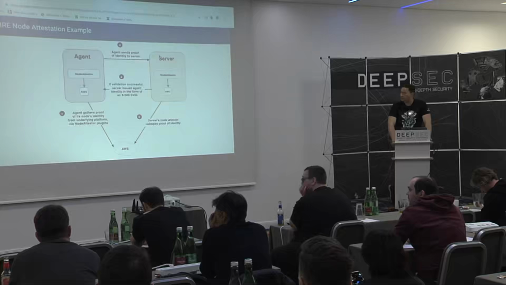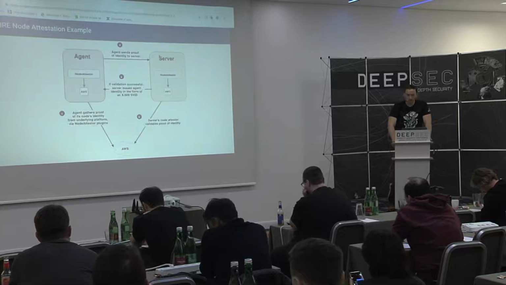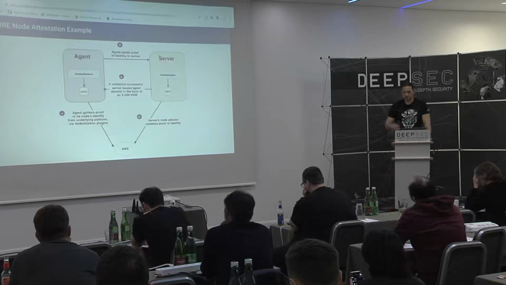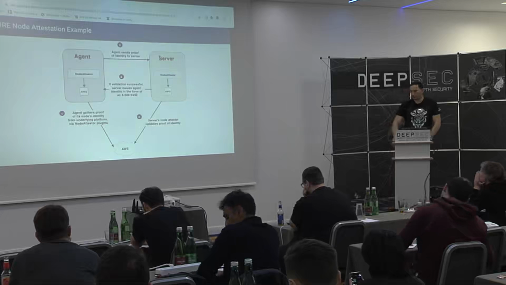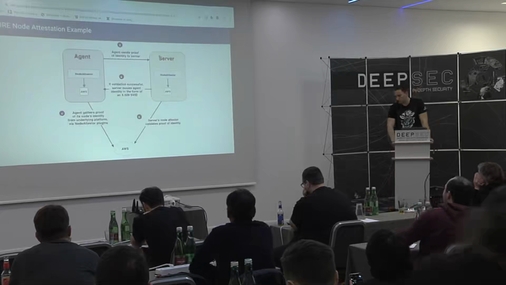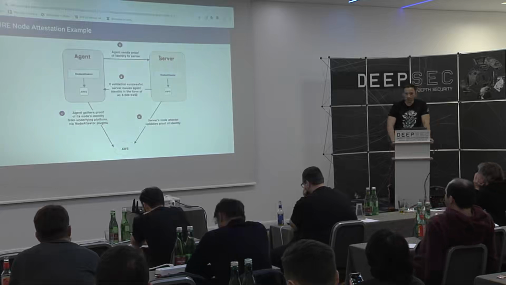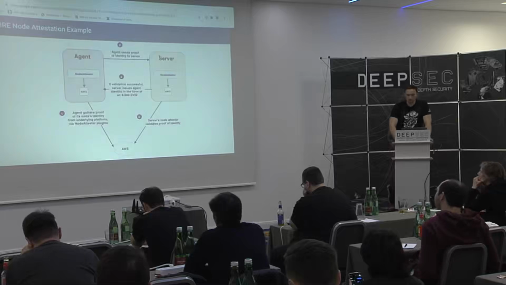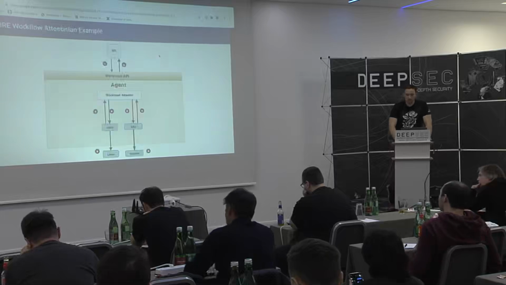The agent passes this proof to the server, and the server passes this data to its AWS node attester, and then the server can validate the proof of identity, create a SPIFFE ID in JWT or X509 format, and send this credential to the agent. And now the agent is authenticated.